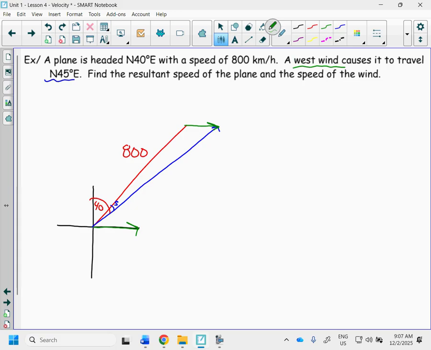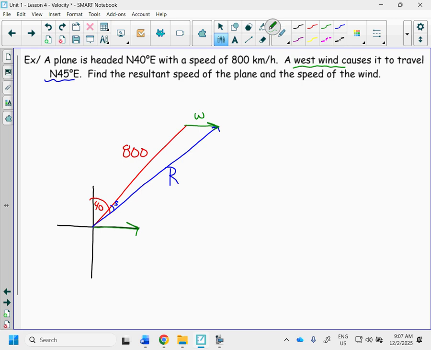Okay. Find the resultant speed of the plane and the speed of the wind. So how can we do this when we only have one speed? Well, I need to find the wind speed. I need to find the resultant, which I can't find unless I know some angles.